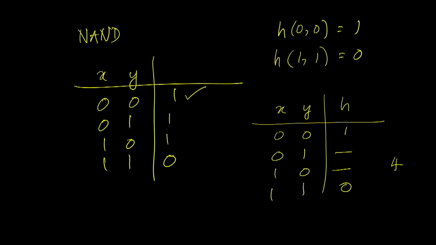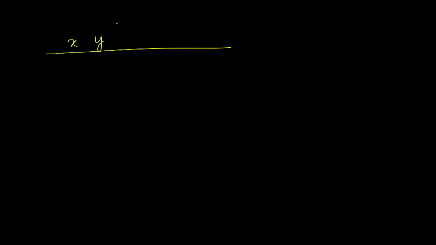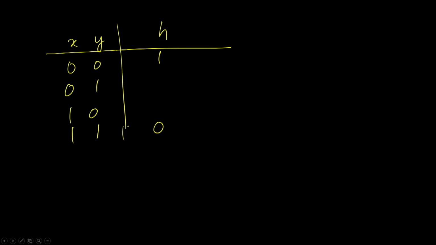So, let us consider all those 4 possibilities. Here we have 1 and here we have 0. Then let us fill these vacancies using 0 0.